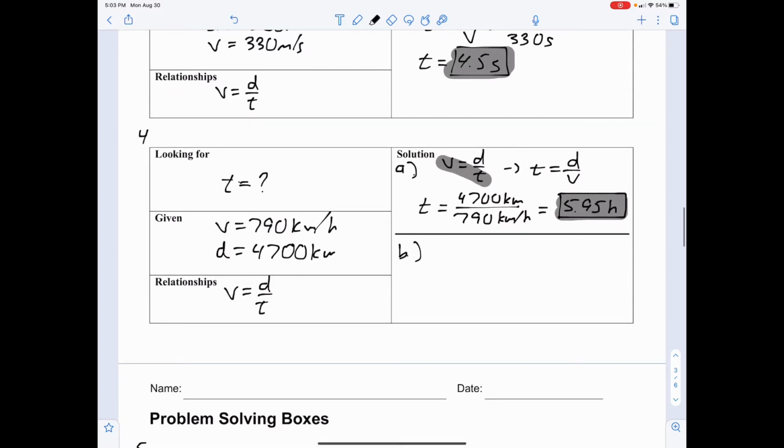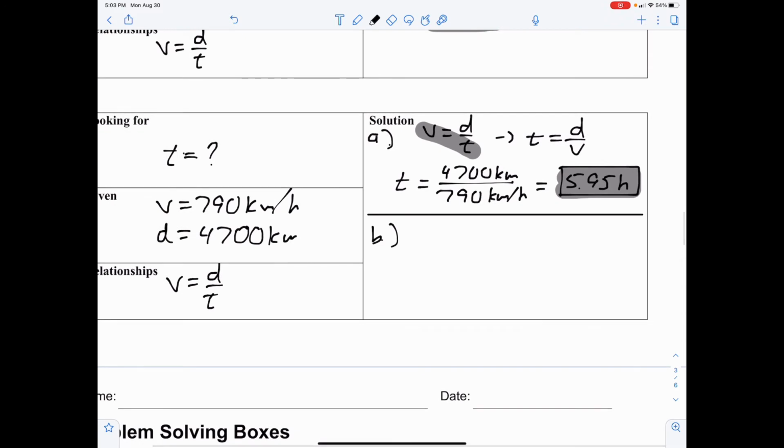How do we convert this into miles per hour? Well, we need to know the conversion: there are 1.609 kilometers in 1 mile. So we're going to start off with the speed, which was 790 kilometers per hour.